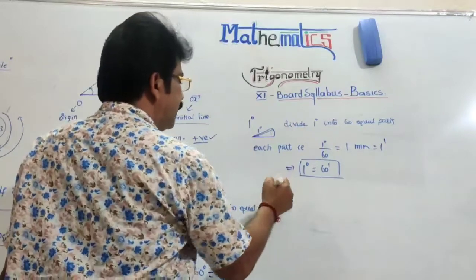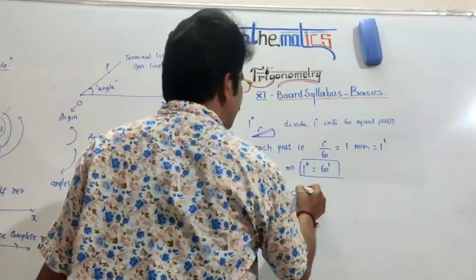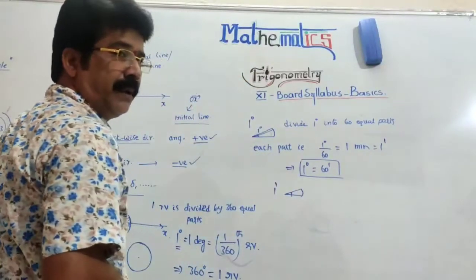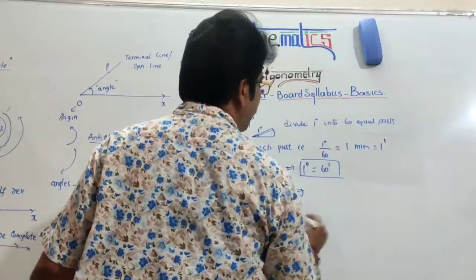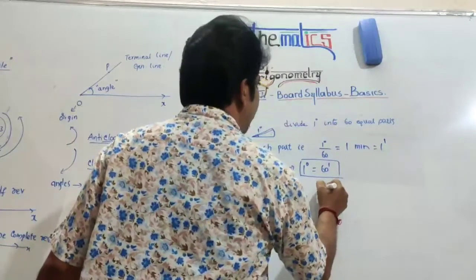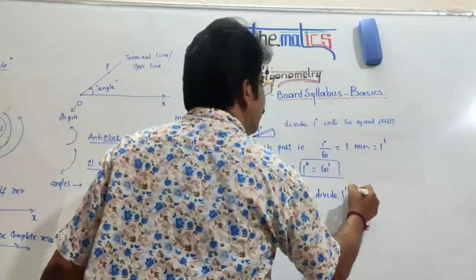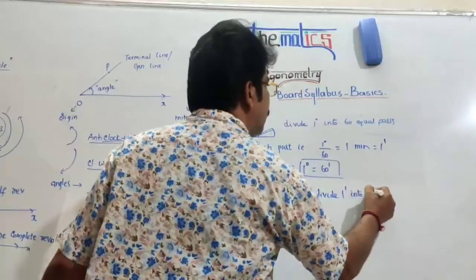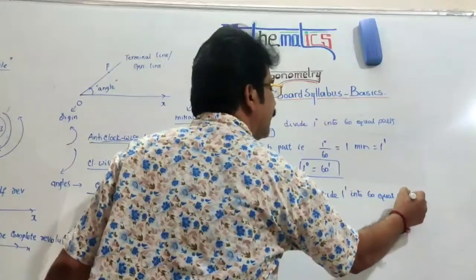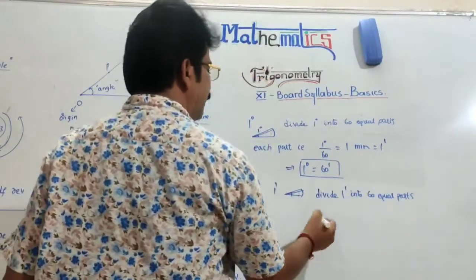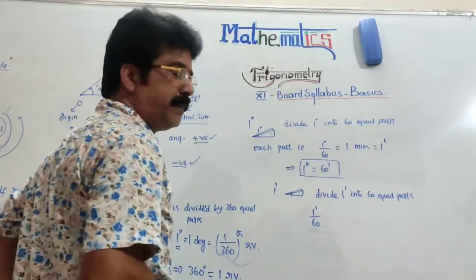Next, take 1 minute. For example, this is a 1 minute angle, and let us divide it equally into 60 parts. Dividing 1 minute into 60 equal parts, 1 minute by 60 is called 1 part.